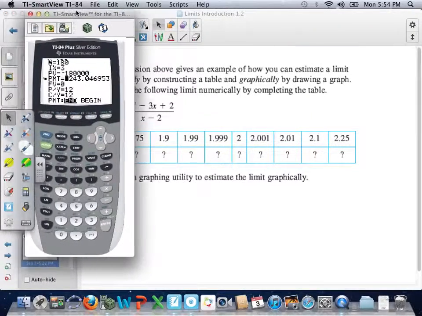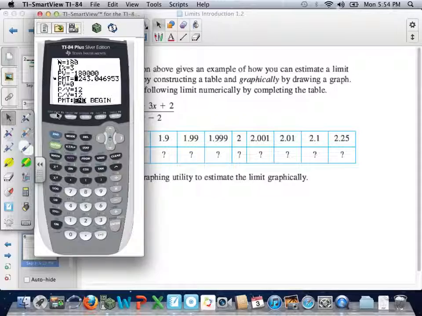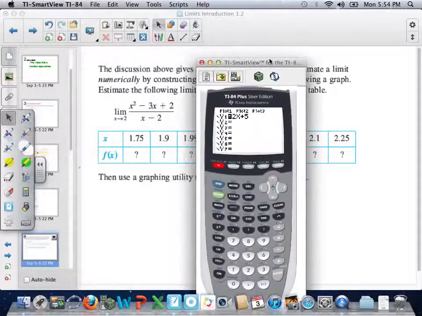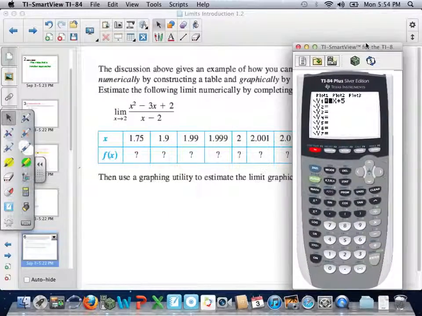Y equals x squared minus 3x plus 2 divided by x minus 2.